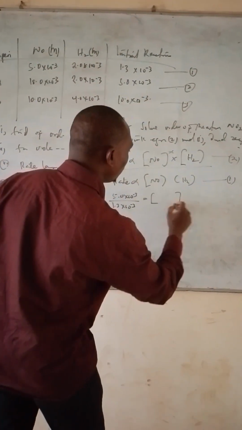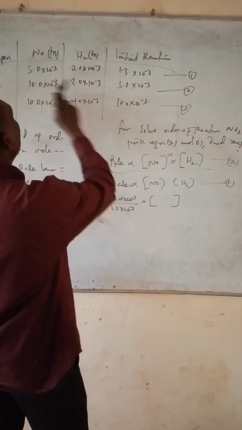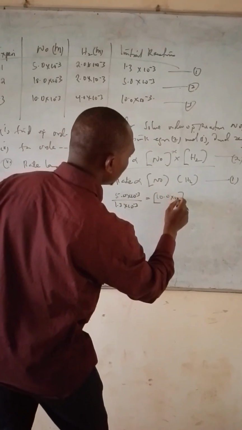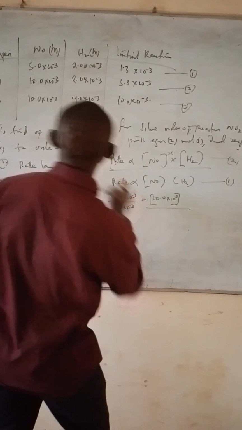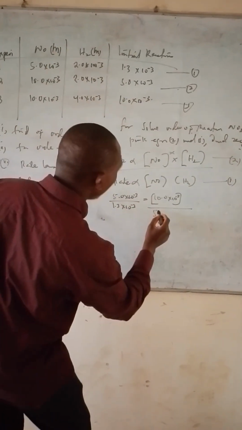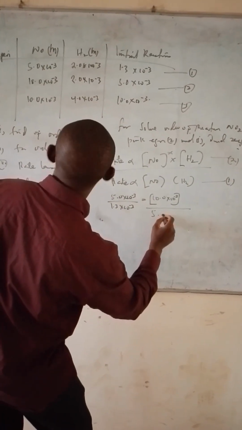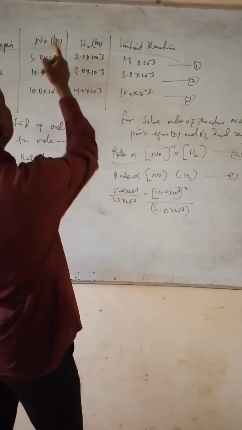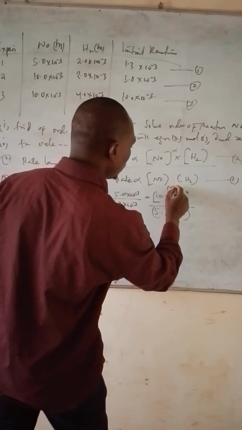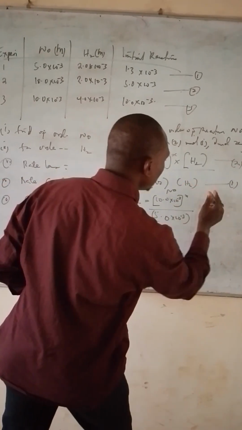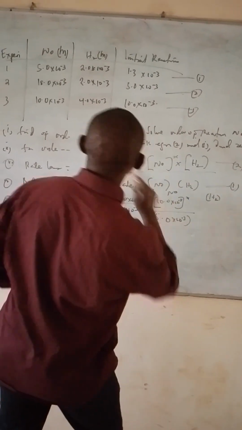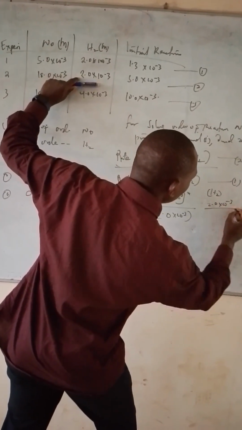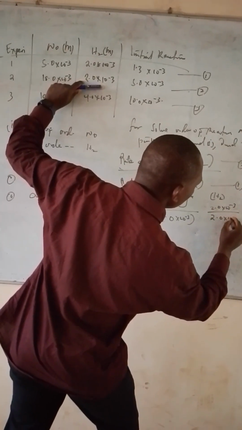So you put the value of NO2 for equation 2, which is 10.0 times 10 to the power minus 3, divided by equation 1, which is 5.0 times 10 to the power minus 3. That's for NO2, and for H2, which is the same thing, equation 2 is 2.0 times 10 to the power minus 3 over 2.0 times 10 to the power minus 3.